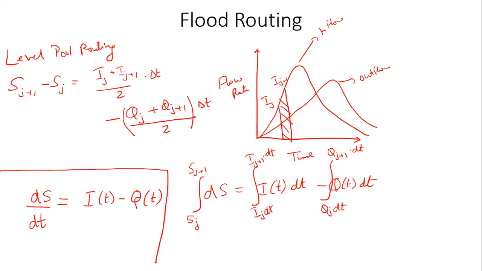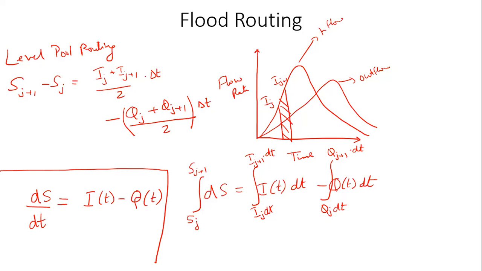Yes, sir. So now let us look at the terms that we know at time step j and j plus 1. In this equation, which terms do we know and which terms do we not know? Let's go from the first term onwards. Sj plus 1, do we know that? What will be the storage at the end of, let us say, take the extreme case where j equal to 0, which means time t equal to 0.